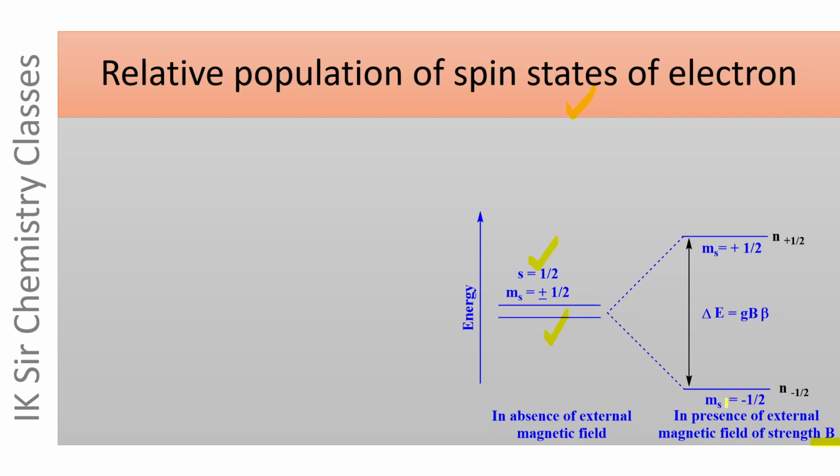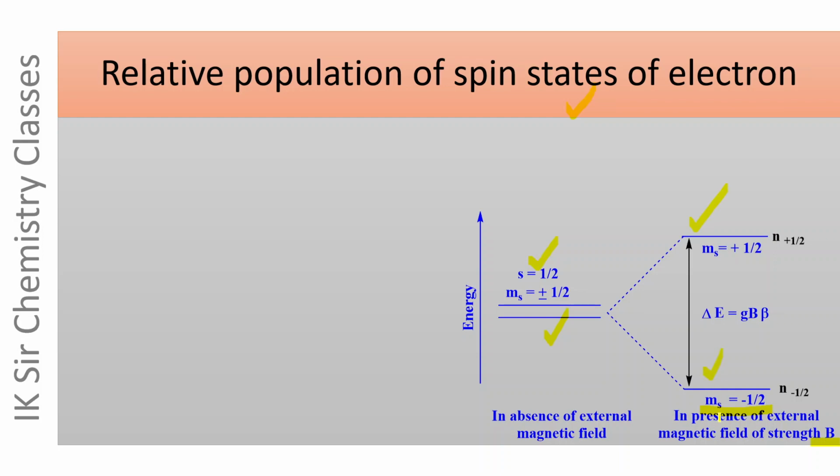The spin state of electron with ms equals minus half, that is beta spin, has lower energy, while the spin state of electron with ms equals plus half, that is alpha spin, has higher energy. This is higher energy level and this is lower energy level.